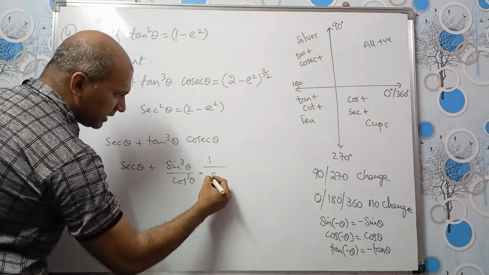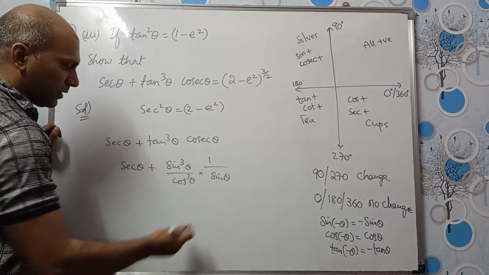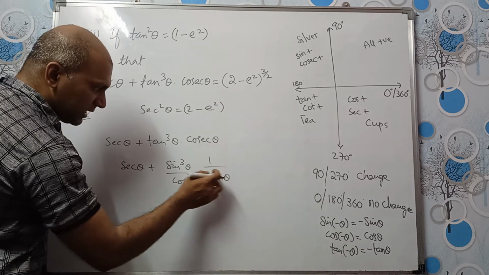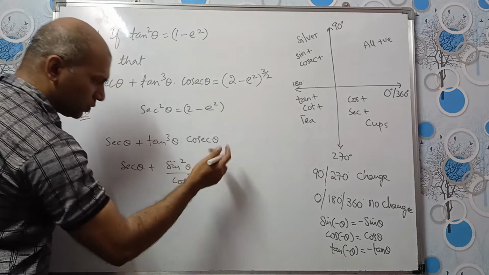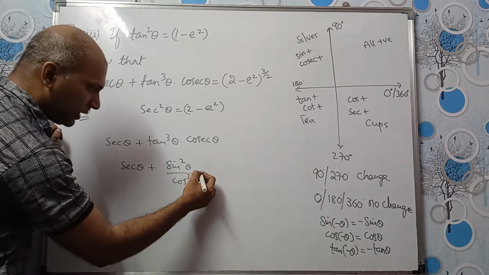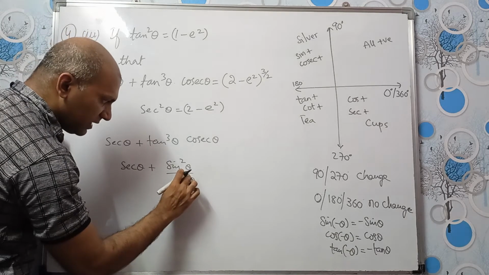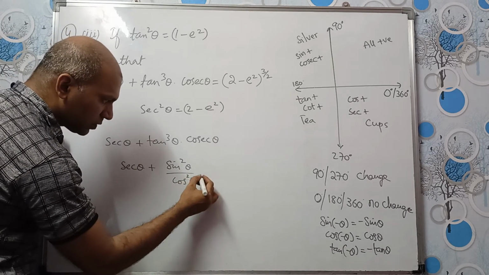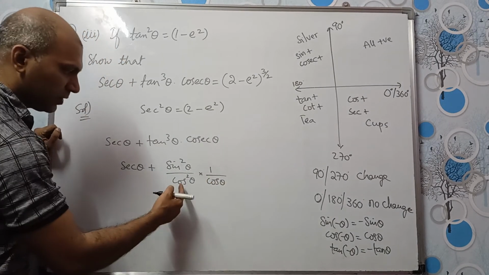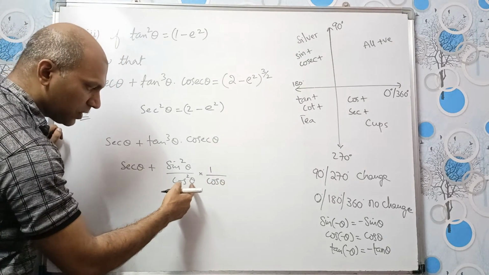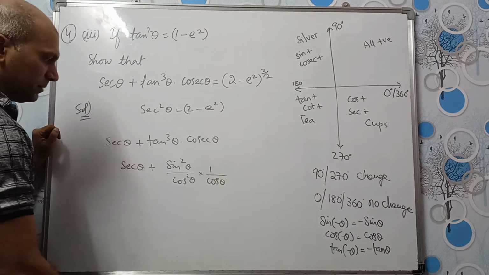And cosec θ, let us write it as 1 by sin θ. So one sin will get cancelled, right? So let us write square here and remove this sin because one sin will get cancelled. Can we write cos³ as cos² here and cos here like this? Because cos³ θ is the same as cos² θ multiplied by cos θ, right?